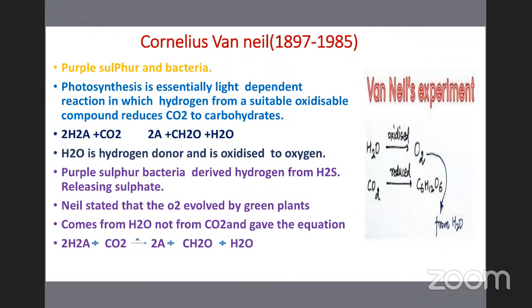Cornelius van Niel stated that the O2 evolved by green plants is not from CO2; this O2 is released from H2O, not from CO2, and this was proved by Van Niel.